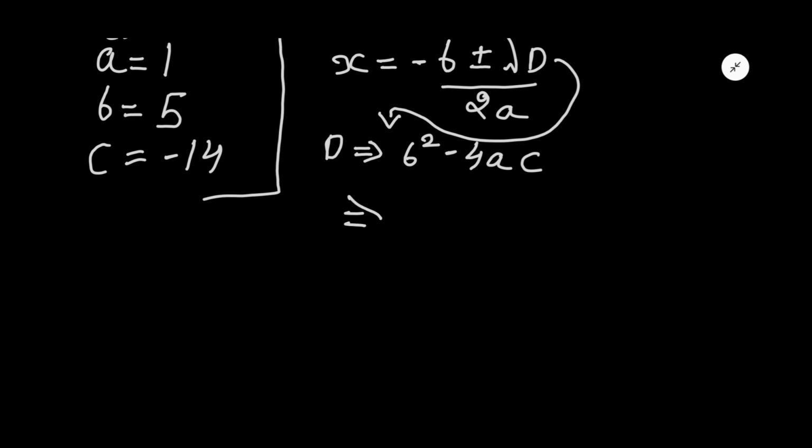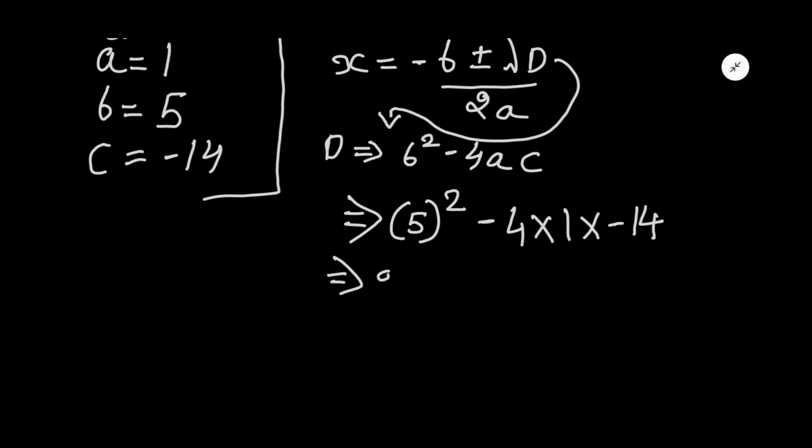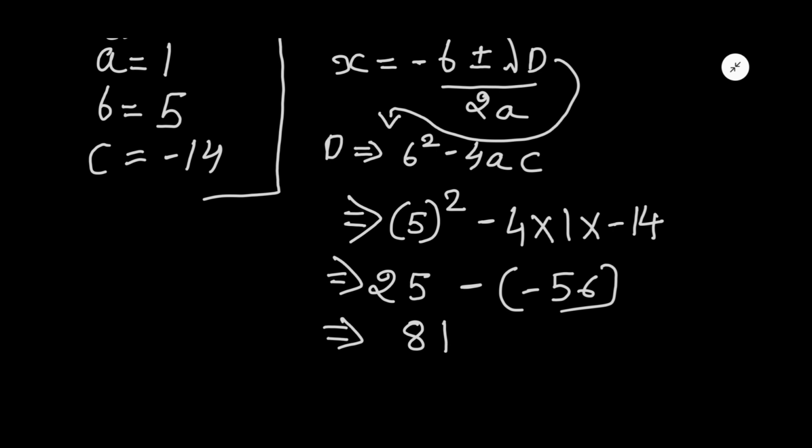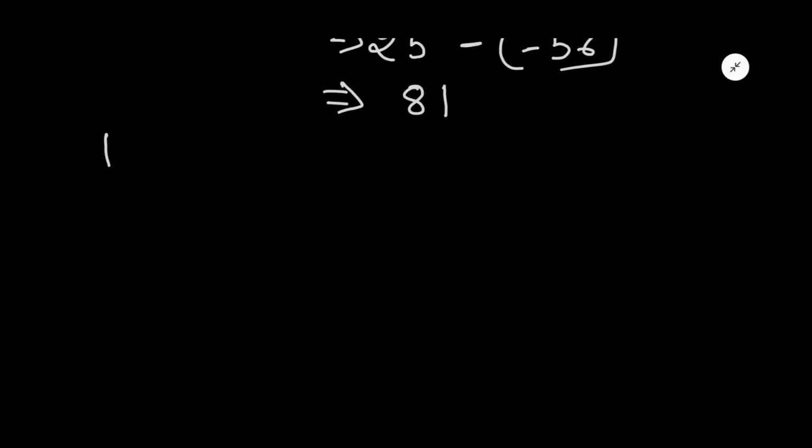So here b is equal to 5, a is 1 and c is minus 14. So 5 into 5 is 25 and minus 14 into 4 is equal to minus 56. Minus minus is plus, so 25 plus 56 is equal to 81. So the discriminant is 81.